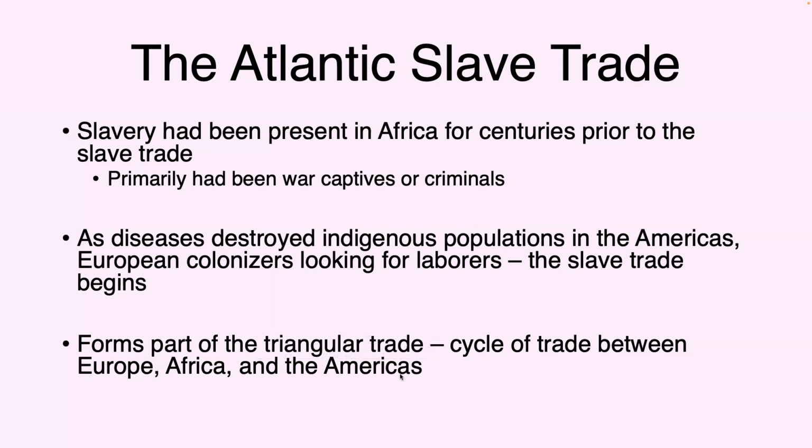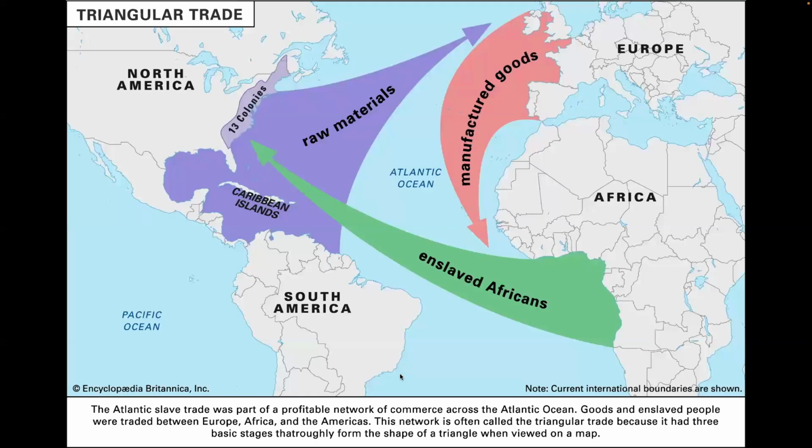Now, this slave trade becomes a key part of the triangular trade, which is the cycle of trade between Europe, Africa, and the Americas. So here is a graphic of how we can understand the slave trade and the triangular trade, right? You can see that enslaved Africans are forcibly relocated to the Americas.